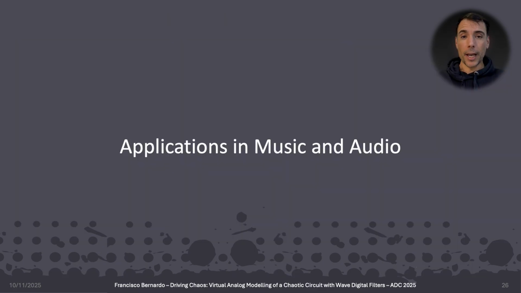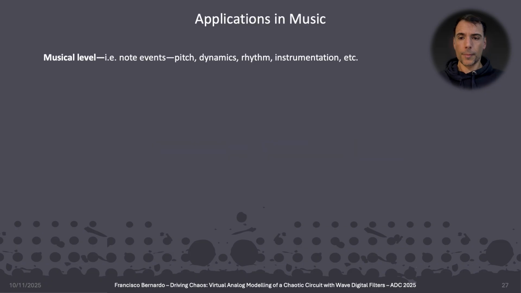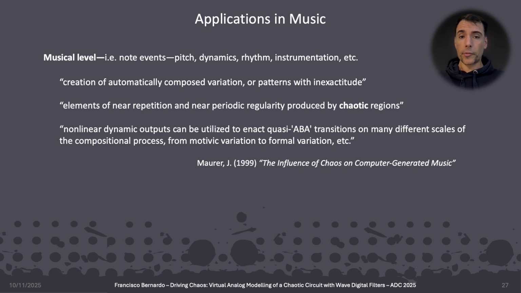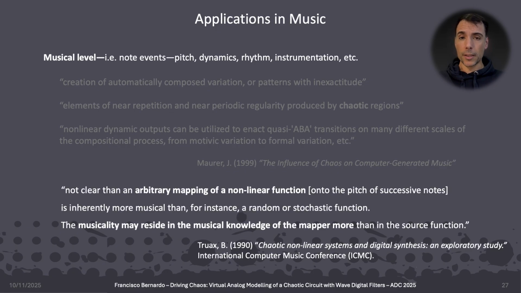So now that you have a chaos engine, what can you do with it? There has been a lot of exploration in the 90s of chaotic signals for music and audio. At the music level, that is, at the level of note events, it has been used for creating variation, transitions between motives, and repetition and variation or inexact patterns. Truax makes nonetheless a very important point.